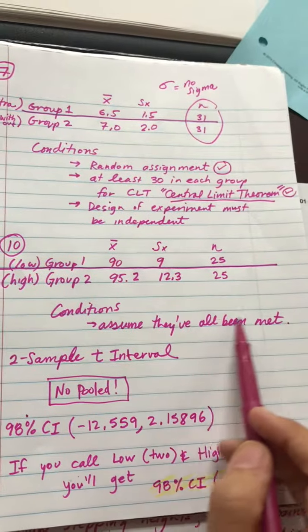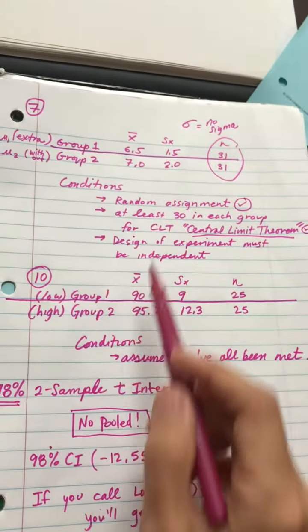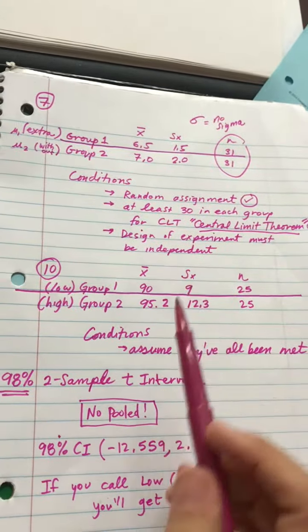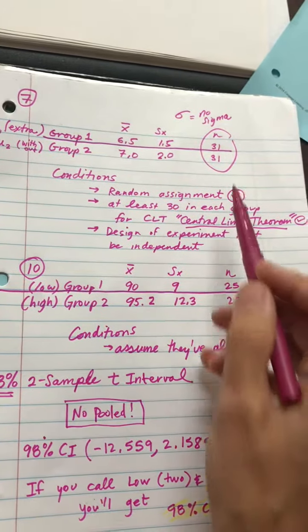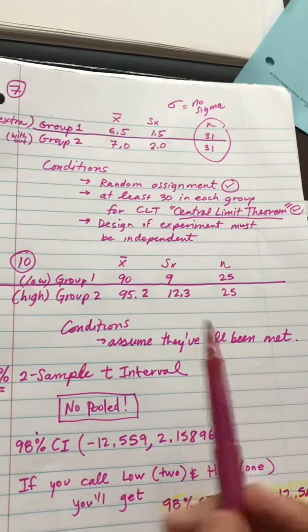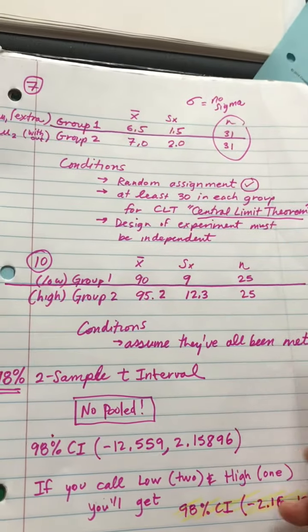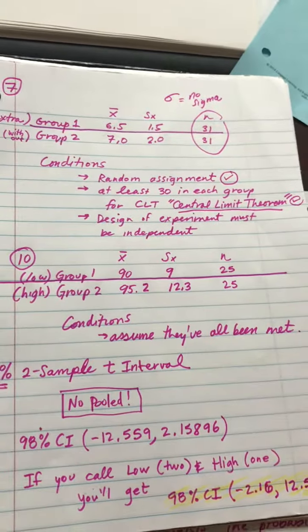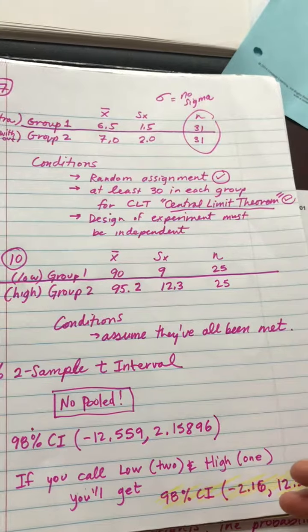They've asked us to assume they've all been met. So unlike in 7, I'm just assuming all of these are good to go, even though this number is less than 30. So what they're really saying here is a lot of what question 7 said. They're saying it's unimodal, there's not much skewness, there are no outliers.